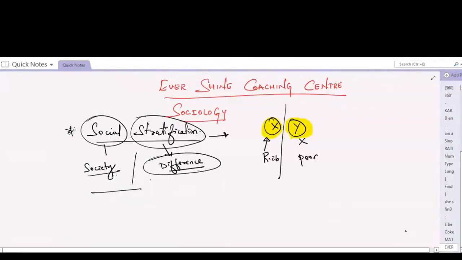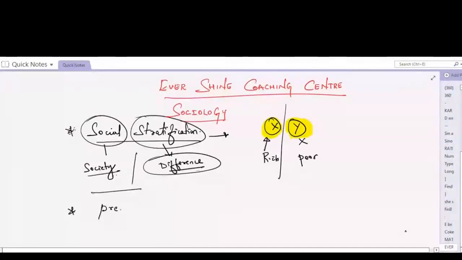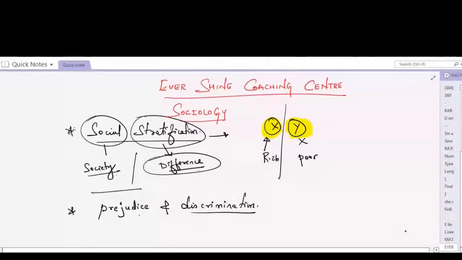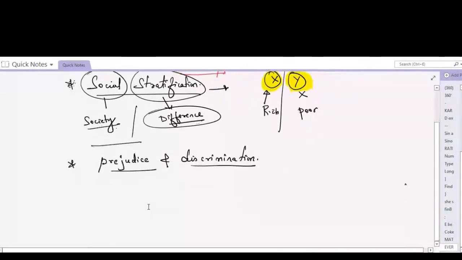Can you define the term prejudice and discrimination? You can expect even this question. Can you define these two words, prejudice and discrimination? Can you explain these terms? What is prejudice and what is discrimination?